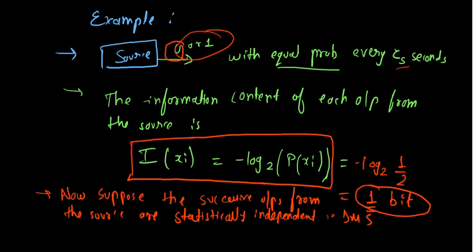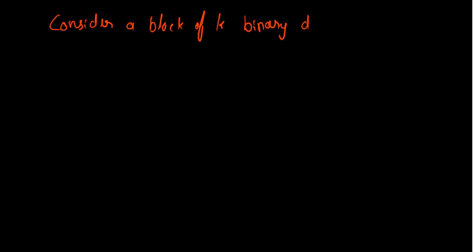Now, since it is transmitting a stream of bits, consider a block of k binary digits from the source, and obviously it will occur in time k into tau seconds, because there are k binary bits.